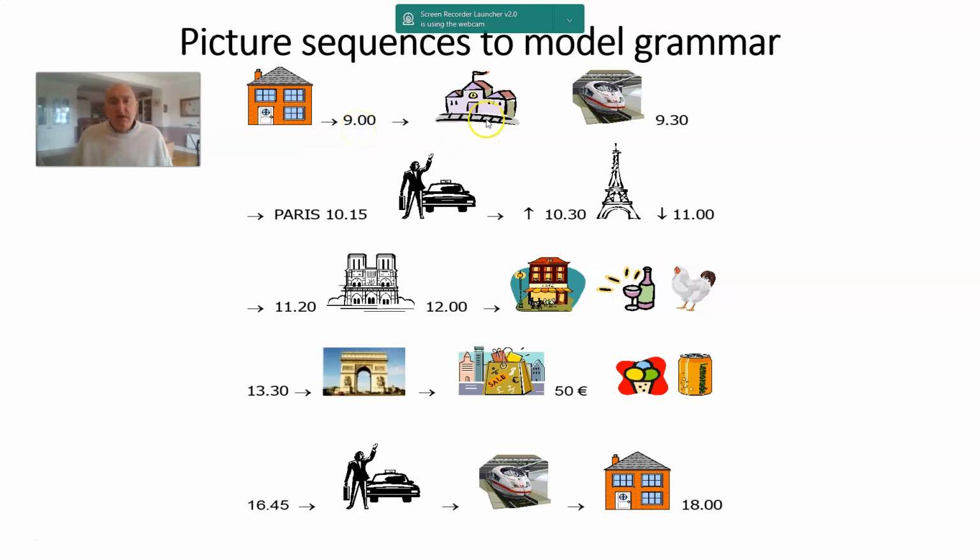Did you go to the bus station or the train station? The train station. Did you travel by plane, bus or bicycle? Or train? The answer was train. What time did the train leave? 9:30.